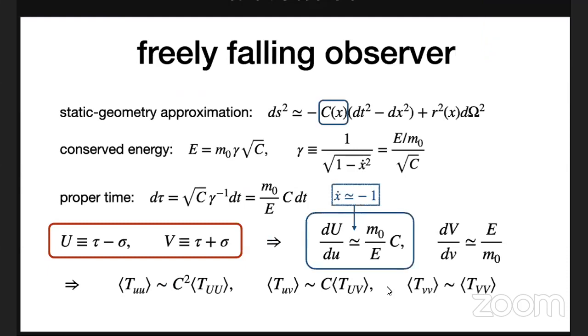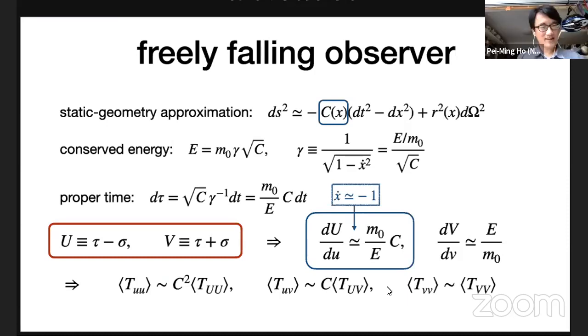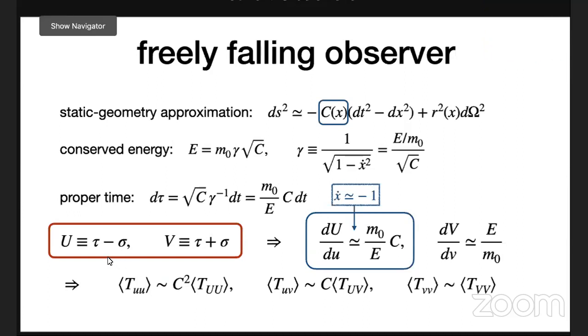Just one check again. Large U and large V is the coordinate for the free-falling observer. That's right. It's the same definition as the usual large U and large V coordinate, right?